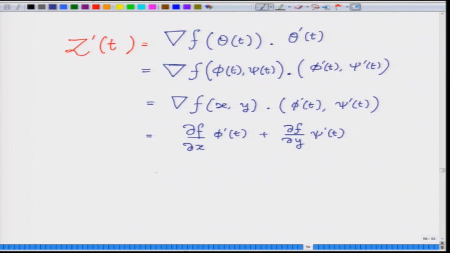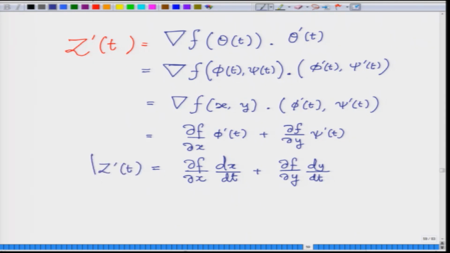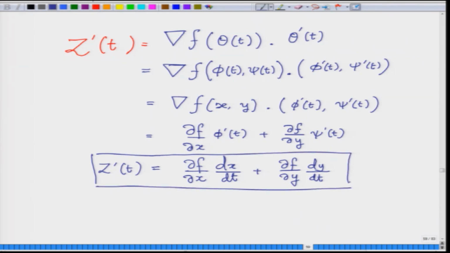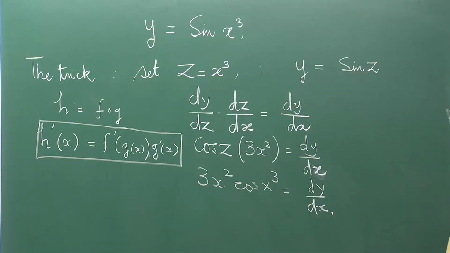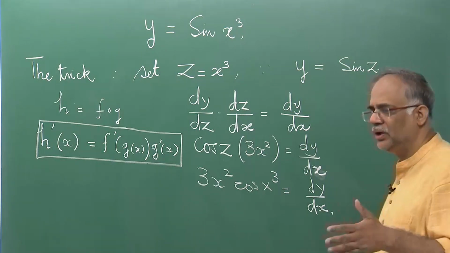Psi is actually y, so I can write this as del f del x dx dt plus del f del y dy dt, because phi is x and psi is y basically. So, this is your z dash t, and voila, just using our basic idea, by replacing multiplication with dot product, we have got our chain rule for functions of this form.